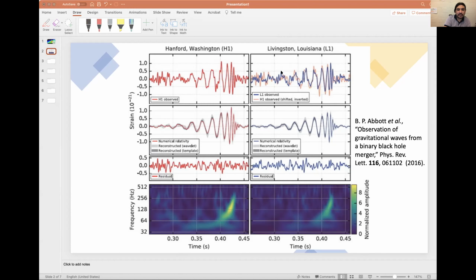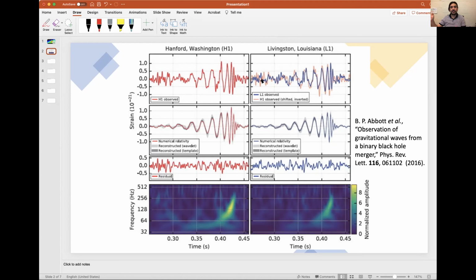Then the top right panel is the same thing, the data for the Livingston detector in Louisiana, but it's overlaid with the one in Washington. So the red data is overlaid right here, and then they shifted it a little bit to account for the gravitational wave.